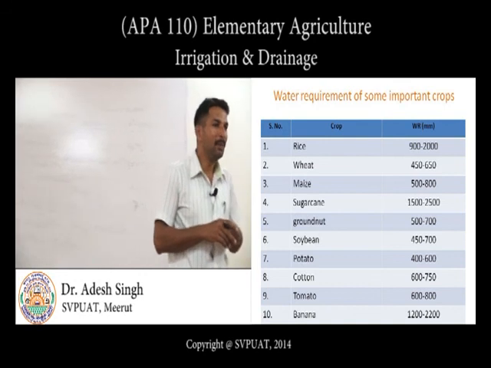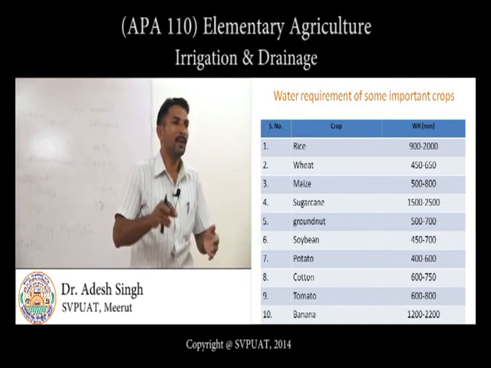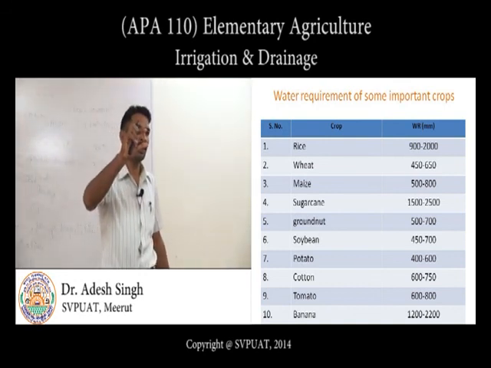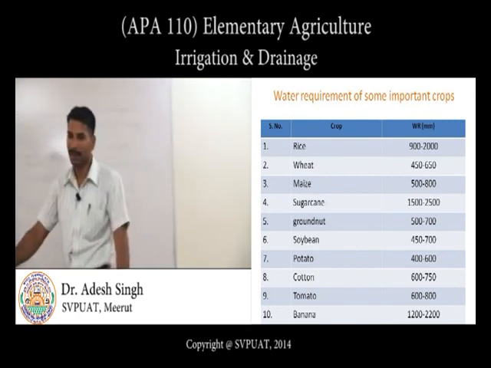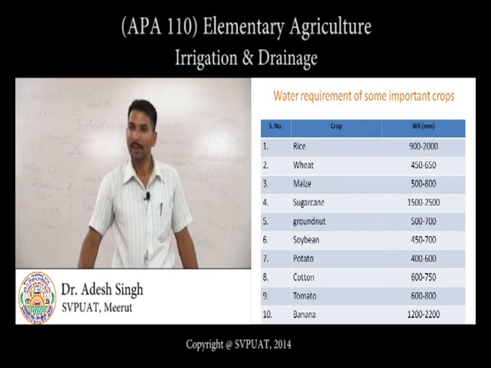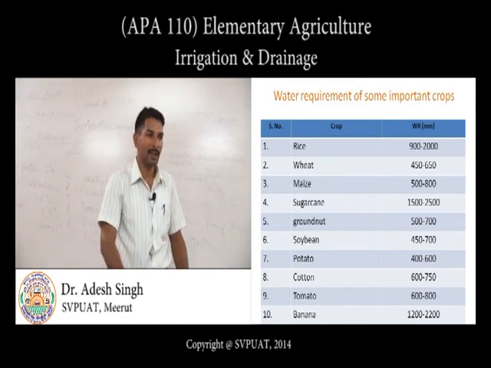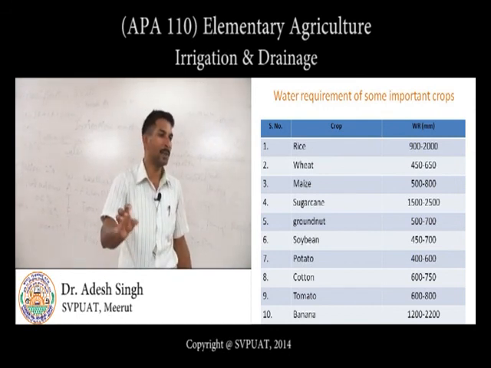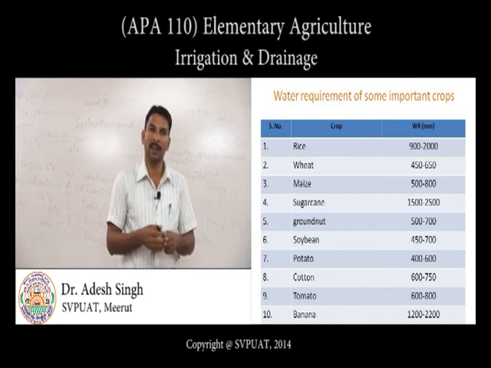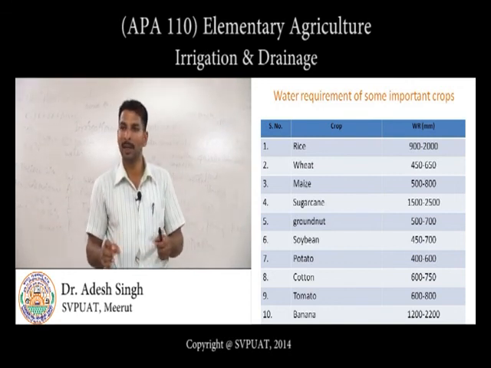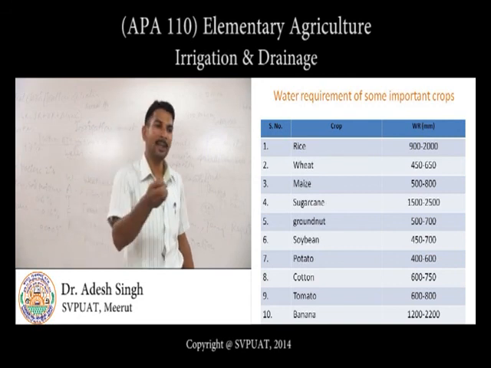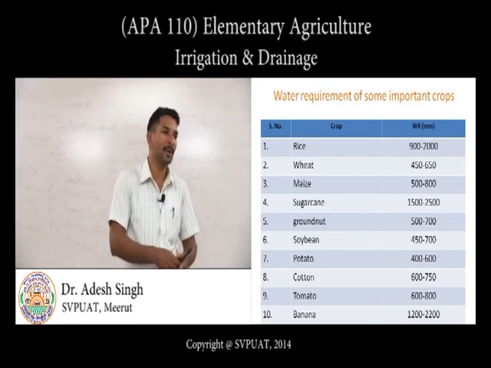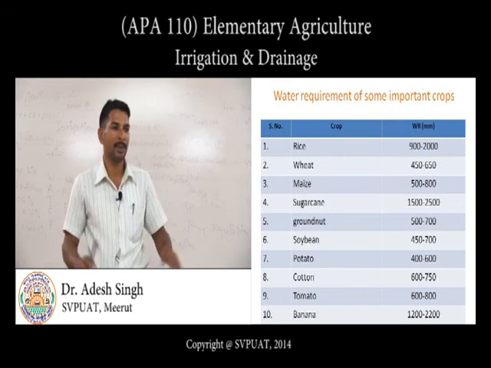Millimeter means when a certain millimeter of standing water is there over 1 hectare of land. Suppose this is the 1 hectare land, if 10 millimeter water is standing, this is known as 10 millimeter. In the surface method, about 6 to 7 centimeter water is required for one irrigation, meaning less than 6 centimeter water cannot be applied through the surface irrigation method.